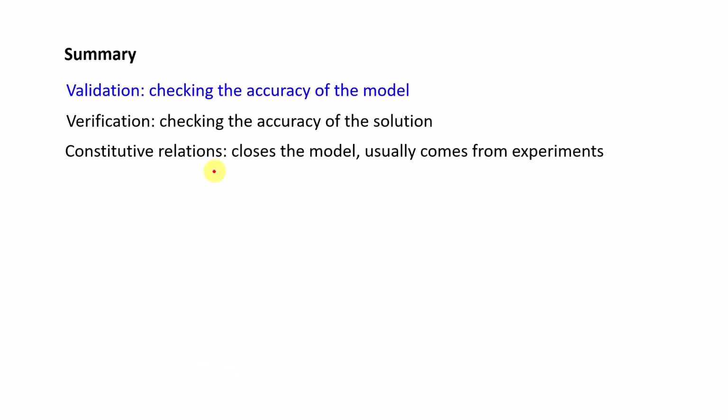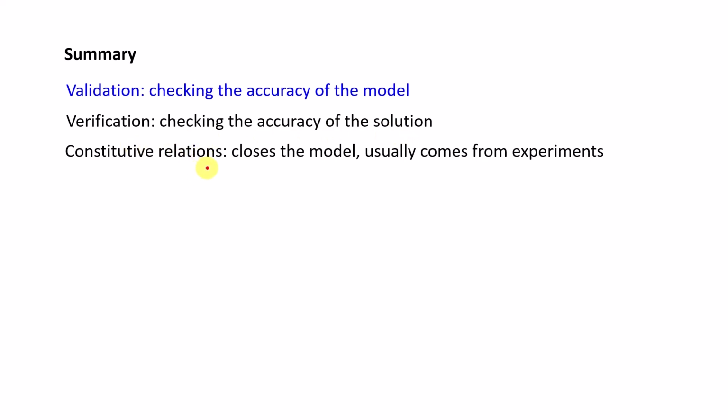So to summarize, we have seen 3 points here. One is the validation, that is checking the accuracy of the model. Then the verification, where we check the accuracy of the solution. Even if my model is wrong, my solution has to be right at least. So that is the verification part.